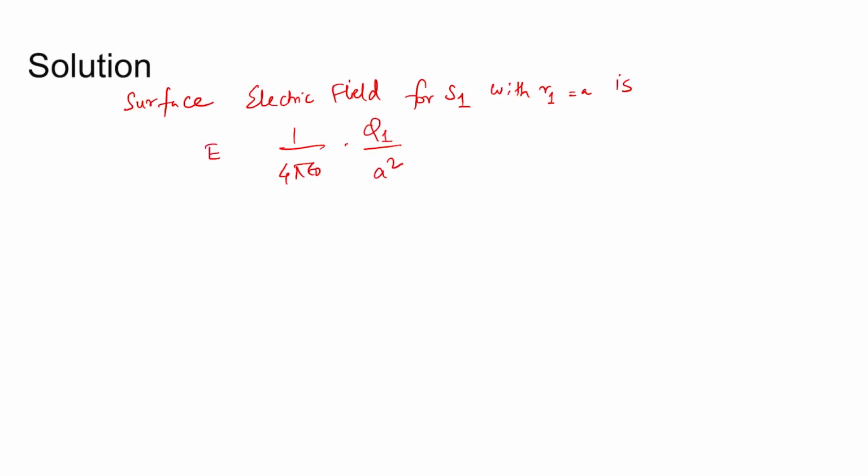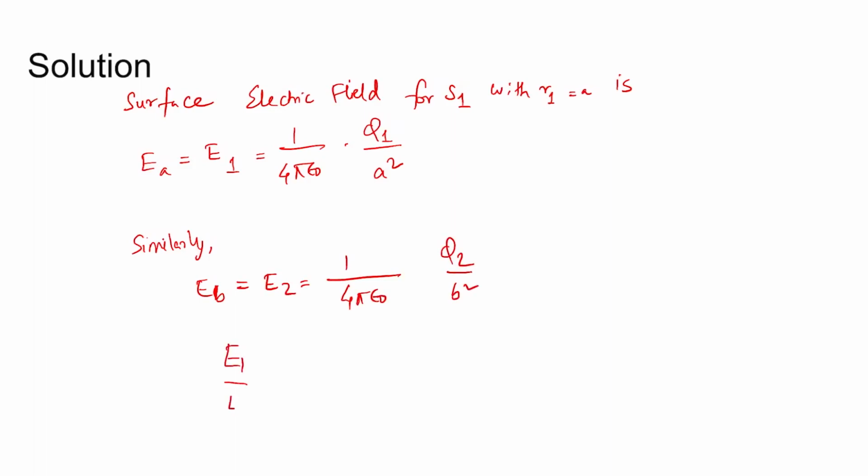This is E1, or you can say EA. Similarly, the surface electric field of sphere S2 of radius B is E2 equal to 1 by 4 pi epsilon naught Q2 by B square.